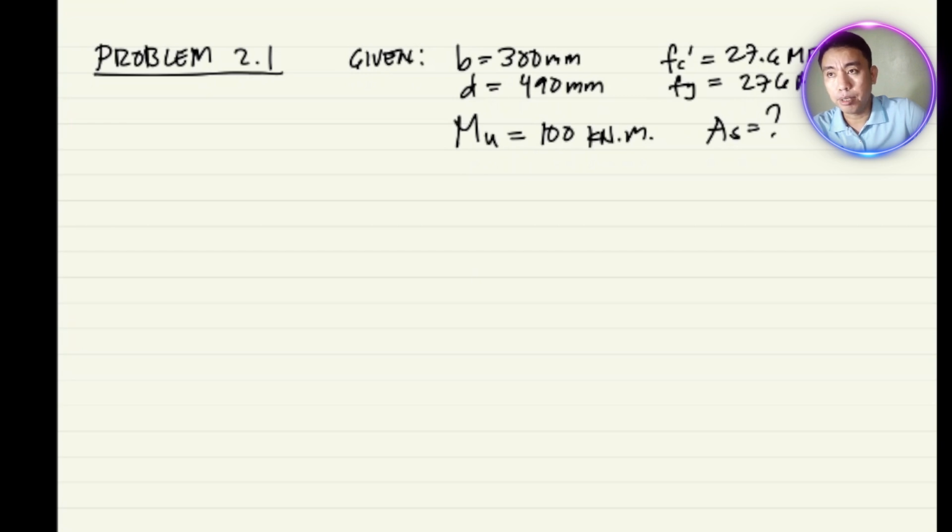Now, given that the ultimate moment load Mu is 100 kilonewton meter, what is the required As? So this is the problem.